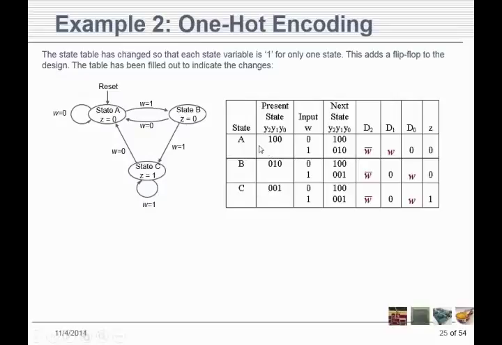Okay, so state A, I've got 1, 0, 0, state B, 0, 1, 0, state C, 0, 0, 1. These don't matter as long as they're all different. You can't have 2 of these the same, but what they are doesn't matter as long as they're all different. And because it's one hot encoding, there has to be as many state variables as there are states.